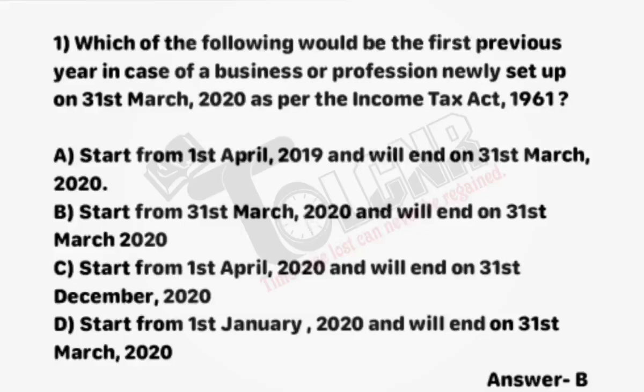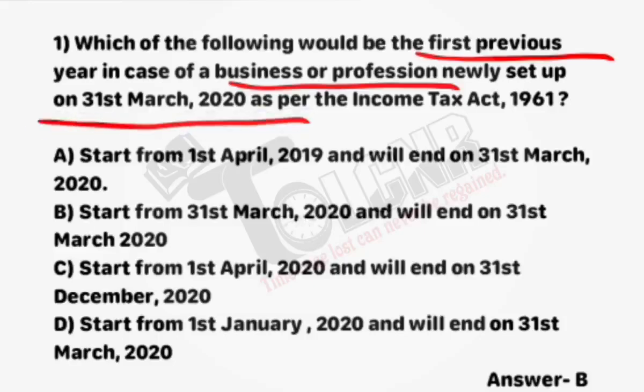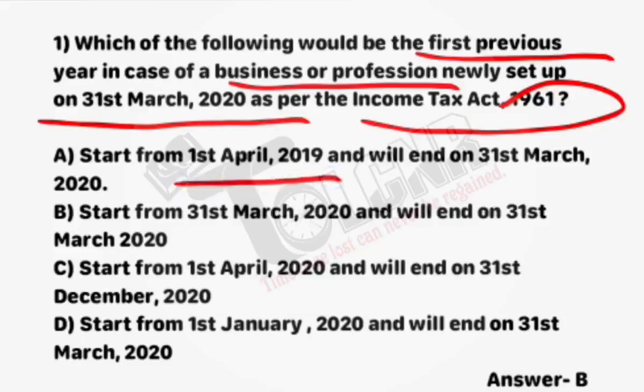First question is which of the following would be the first previous year in case of a business or profession newly set up on 31st March 2020 as per the Income Tax Act 1961. First option is start from 1st April 2019 and will end on 31st March 2020.